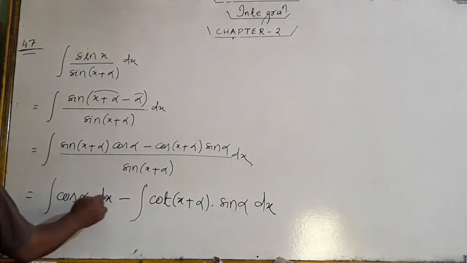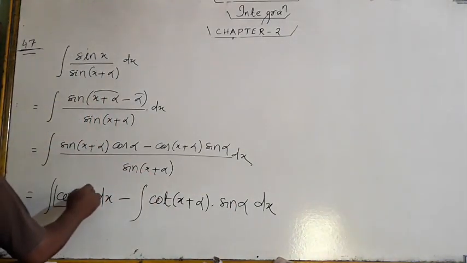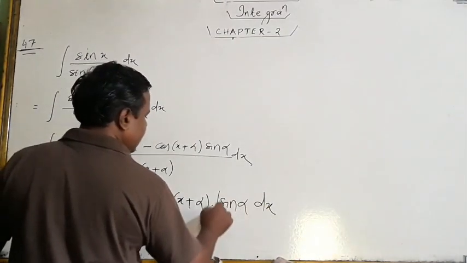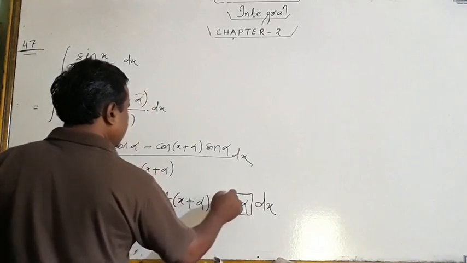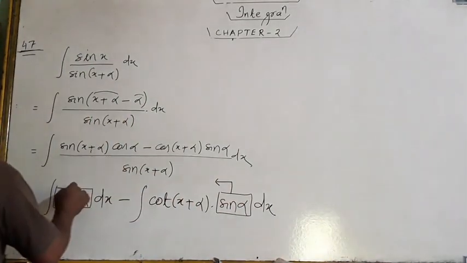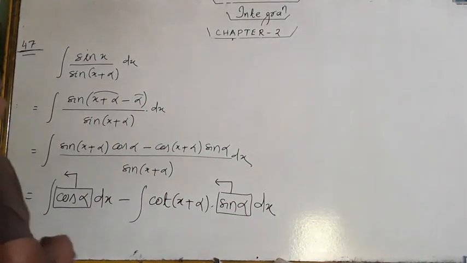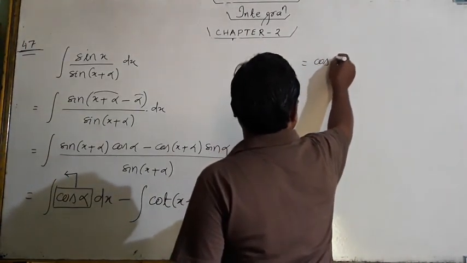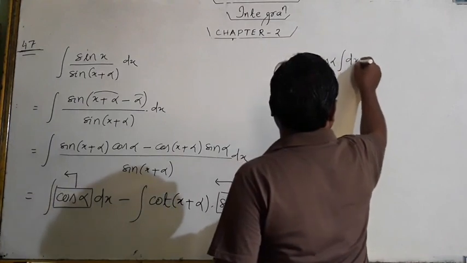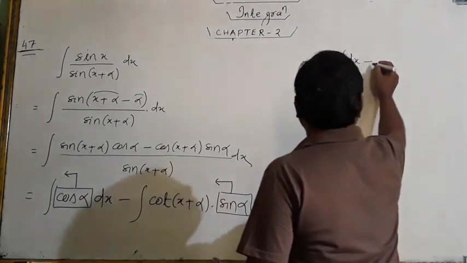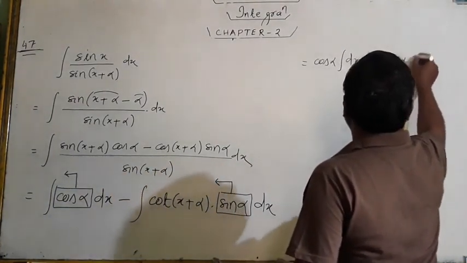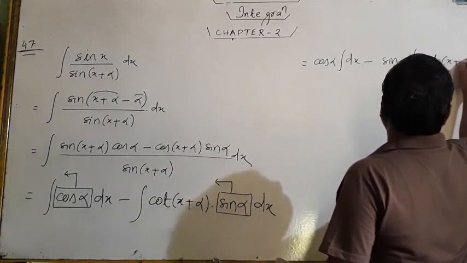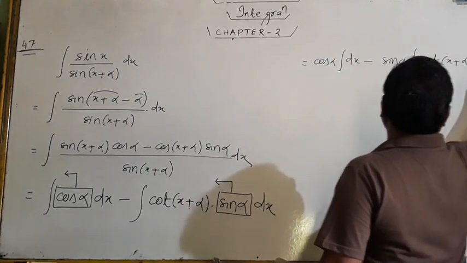Here variable is x and constant is what? Alpha. Here variable is x and constant is alpha. So it will go outside. It becomes cos alpha integration dx minus sin alpha integration of cot x plus alpha dx.